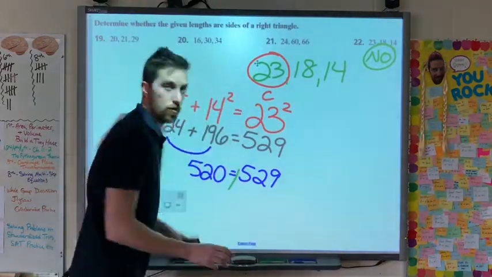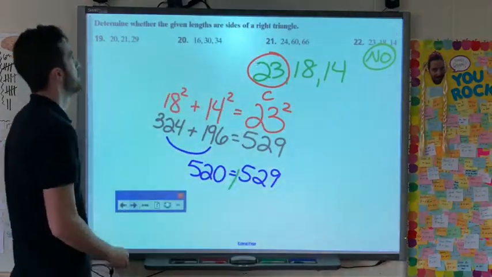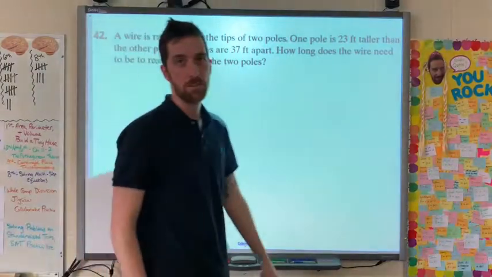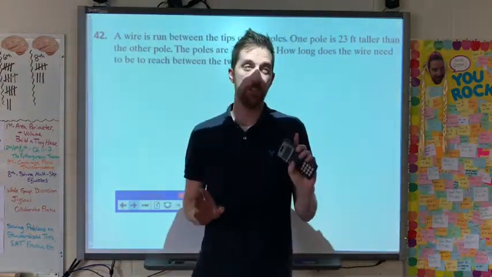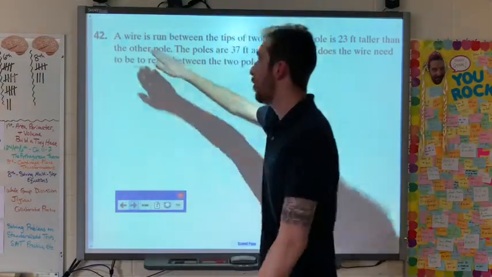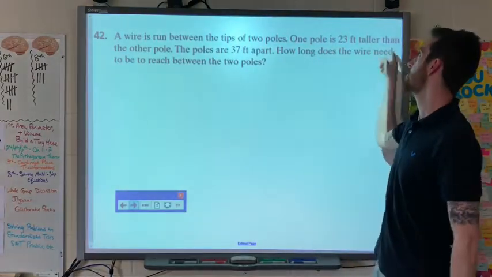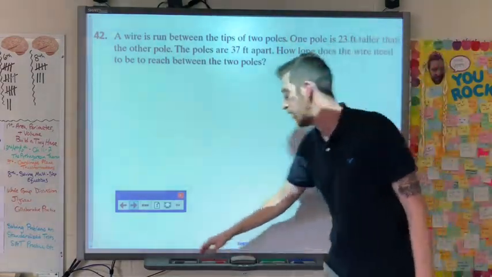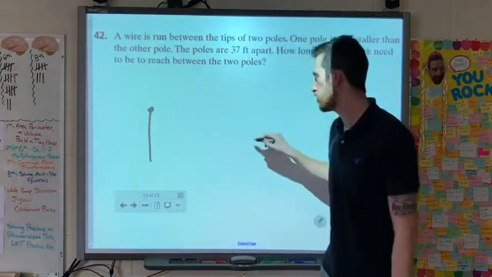We've got a word problem. Flip it on over. Go to number 42. This one is crazy, but my recommendation is to always just draw these out. They'll be so much easier if you draw it out. A wire is run between the tips of two poles. One pole is 23 feet taller than the other pole. So let's draw that out. Here's the first pole. Perfect drawing.